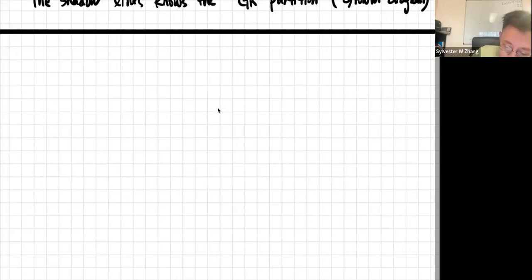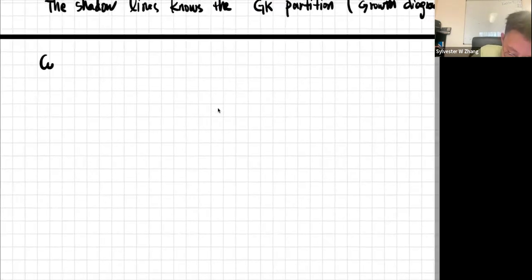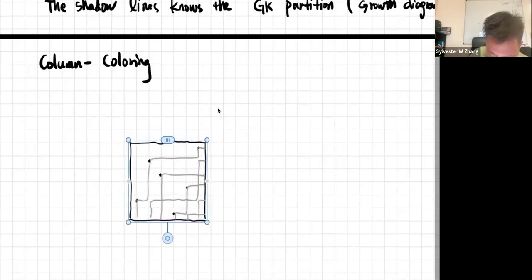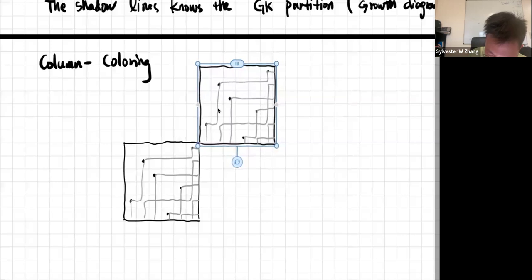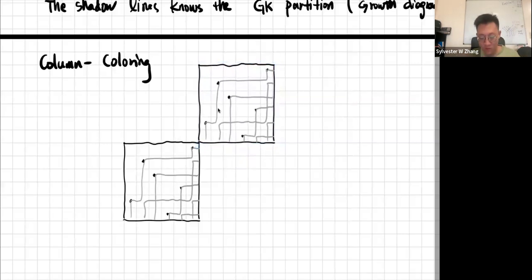I'm gonna copy this diagram. And this is something that's really interesting. So it turns out that in order to do that, you have to do the following construction. I'm going to create 2 copies of the shadow line.